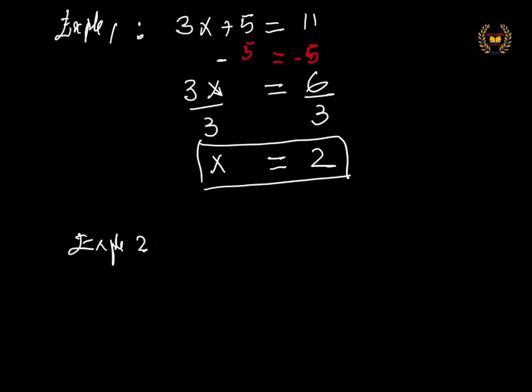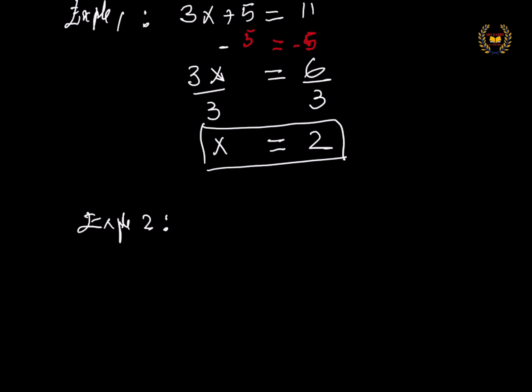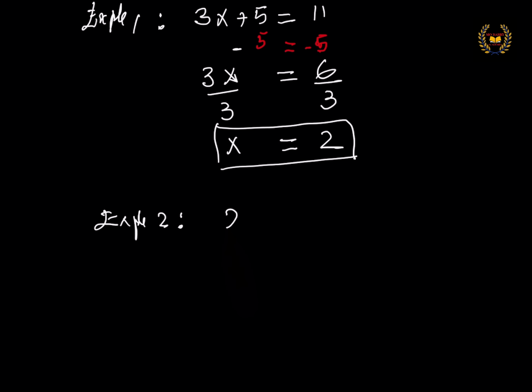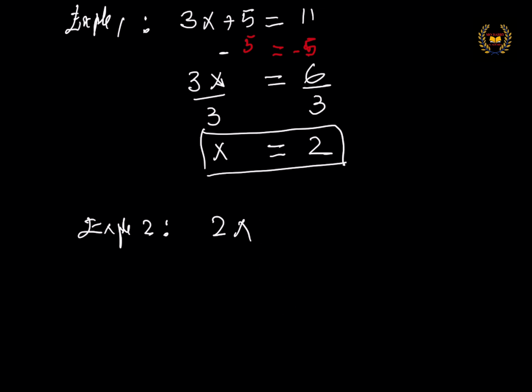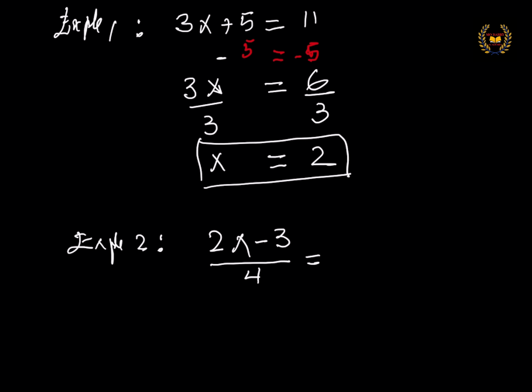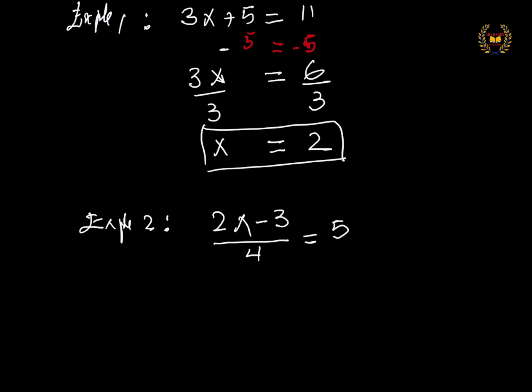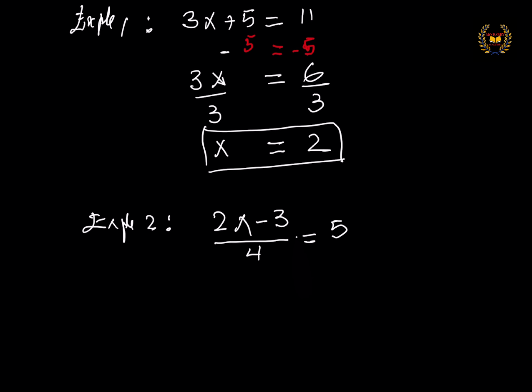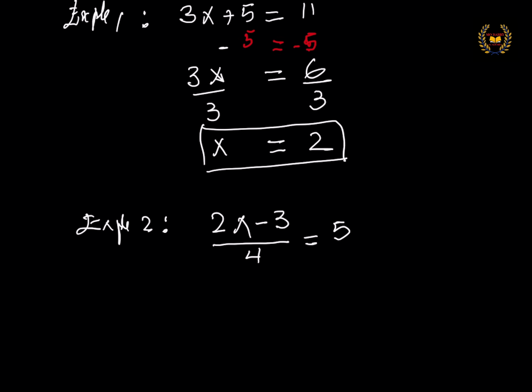Example 2. So now in our second example, let's see a fractional equation. We have (2x minus 3) divided by 4 equals 5. So how can we solve this equation? By multiplying by 4 both sides.